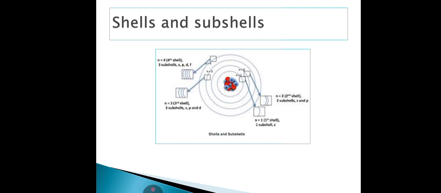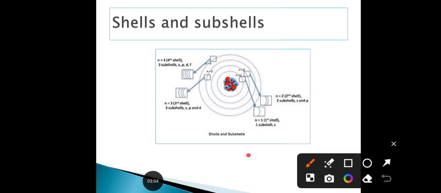Now see, this is the diagram which will tell us about the shells and subshells. So we have shells and we have subshells. Now the shells have different numbers.